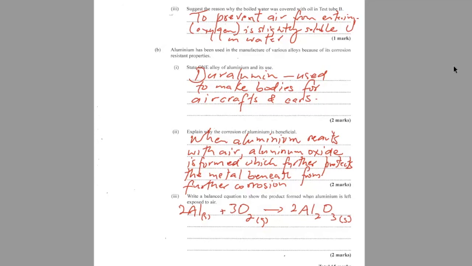But when we do that, we'll have to turn this aluminum over here into 4. Oops. So this will now be 4Al solid plus 3O2 to get 2Al2O3. Everything is balanced now. And just like that, we would have gotten 15 marks.